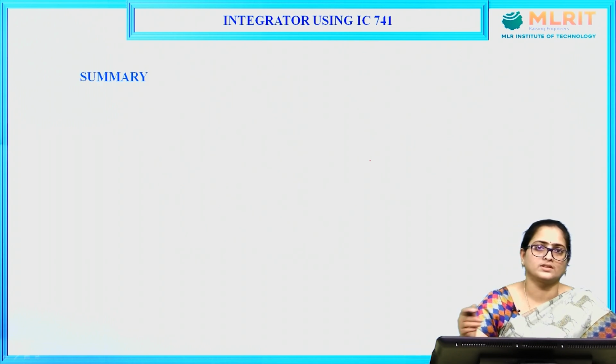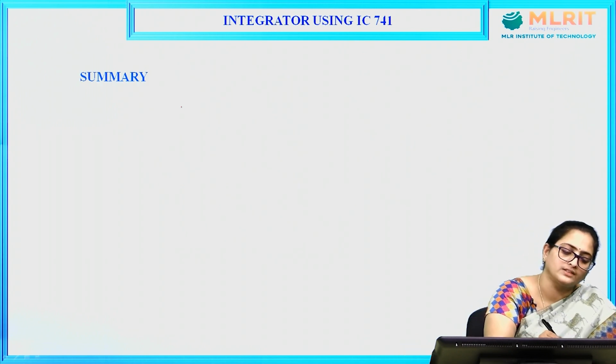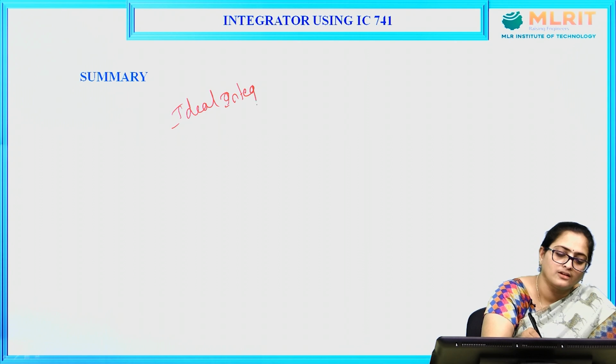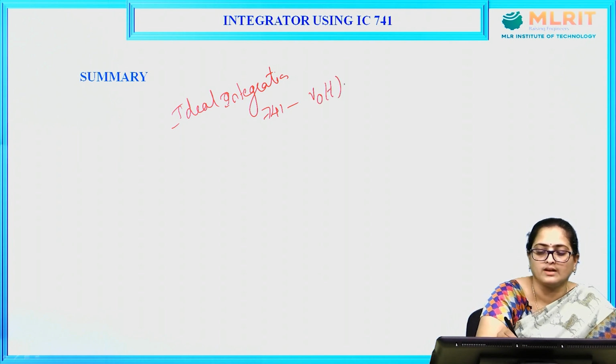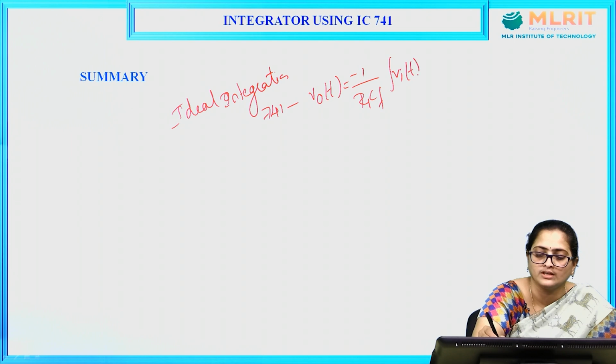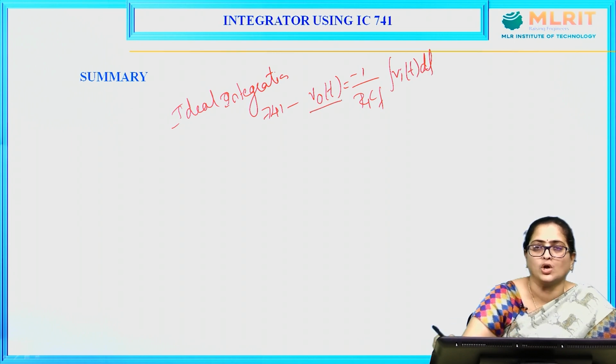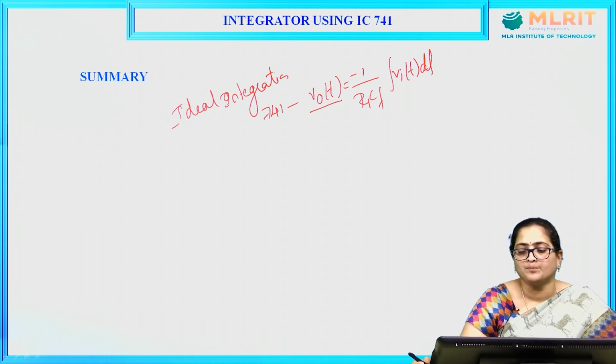Coming to the summary, today we have discussed what an ideal op-amp is, what an ideal integrator is, how you can use IC741 as an integrator, and how your output voltage equals -1/(R1·CF) times the integral of Vi(t) dt. That is how your output voltage is the integration of your input voltage.